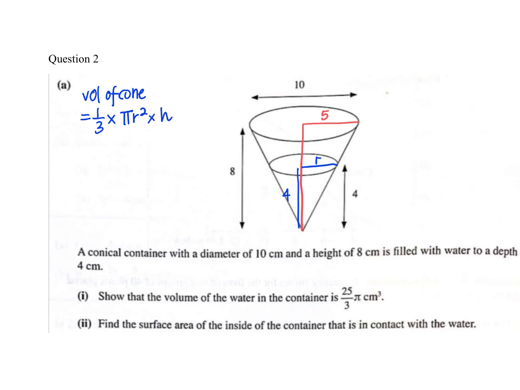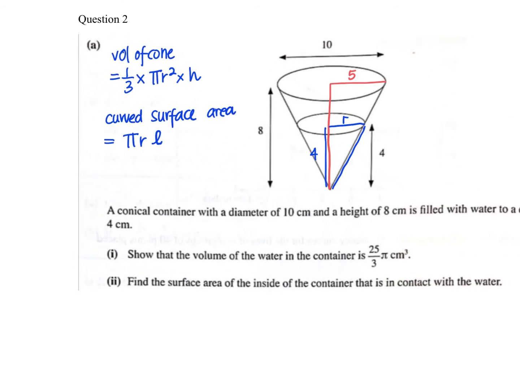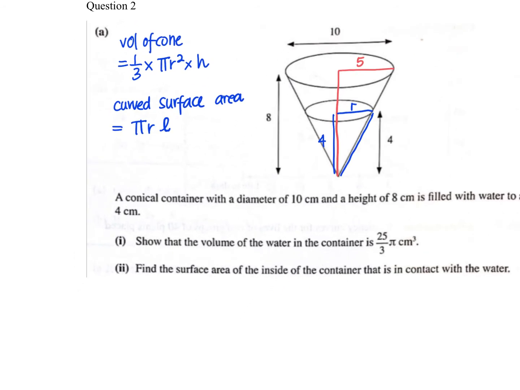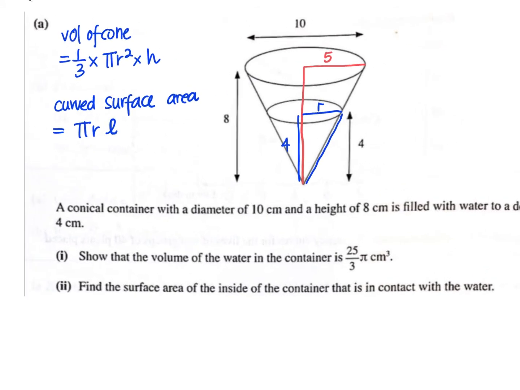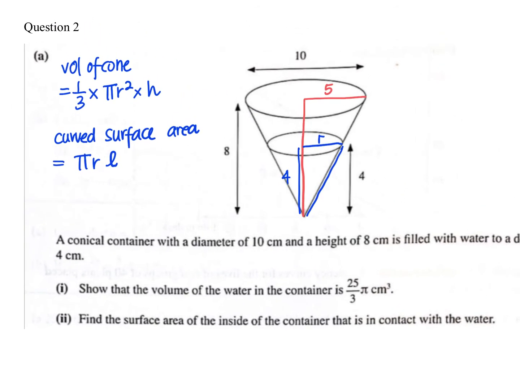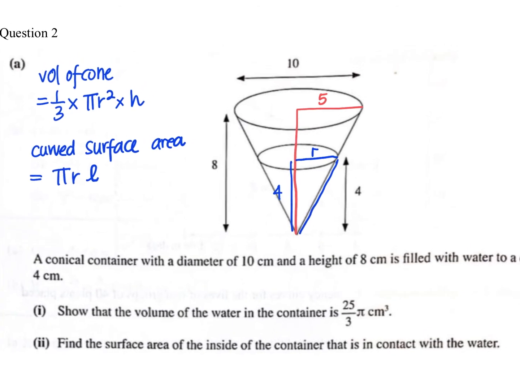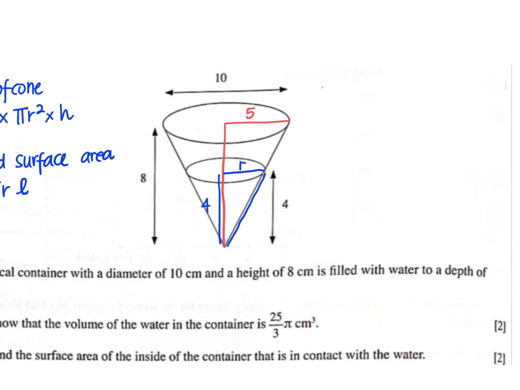Then the curved surface area of cone, the curved surface only, is given by pi r l, where l is the slant height. So this portion will be my slant height, or it can be the larger slant height as well. It depends on the question. Now, since the question wants me to find the volume of water in the container, I will need to find my radius, isn't it?